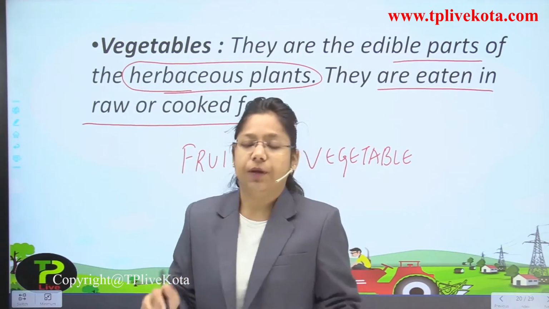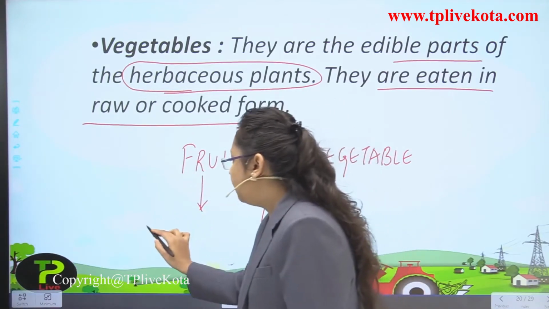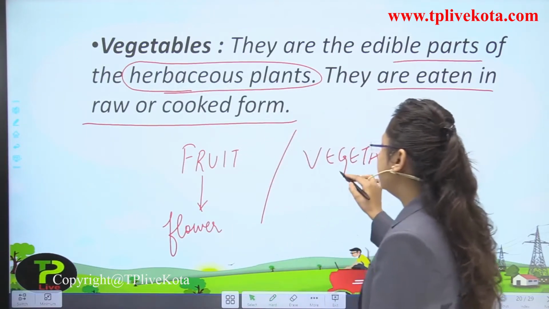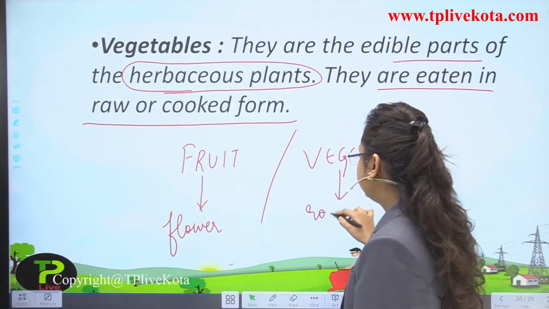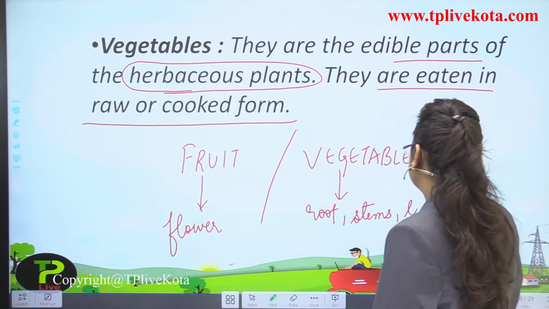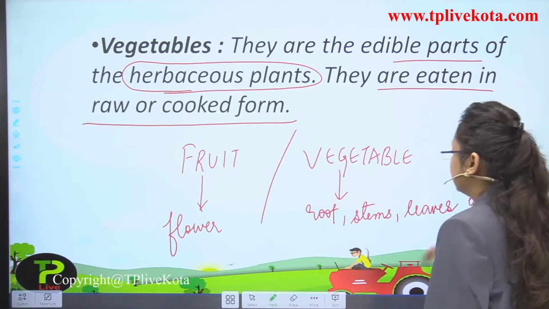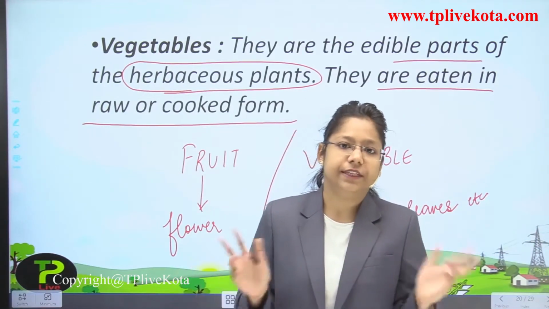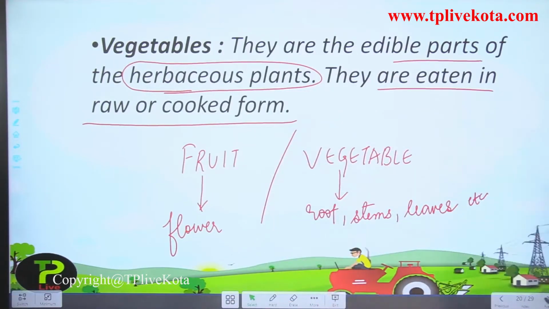So you have to remember this thing, that fruit is a part of a plant which is developed by a flower, and vegetable is a part of a plant which is developed by root, stems, leaves, branches, or anything else. Did you understand the basic difference between the fruit and vegetable over here? It is clear to you now? Now moving on towards the next slide.